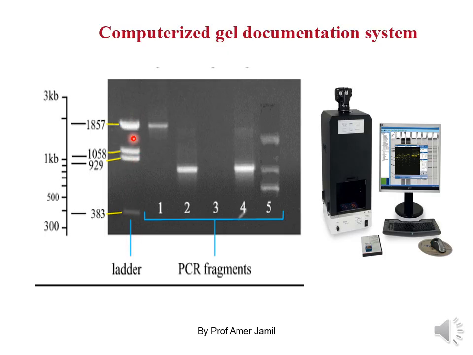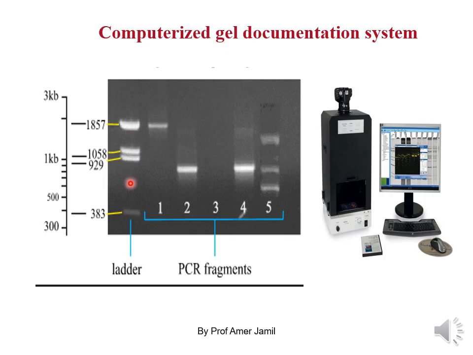Now another important thing is that these nucleic acids always run in the gel in logarithmic form. So here you can see the 1857 size band is here, and 1058 is here, and 929 is here, and this is 383. So if you look at the distances and compare with the size, you would see that this is not linear, rather it is logarithmic.